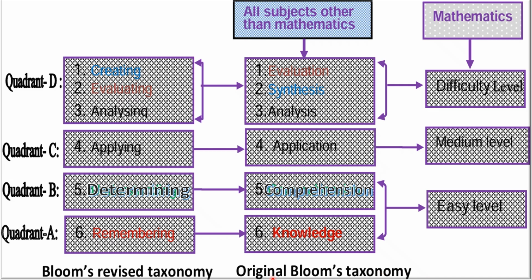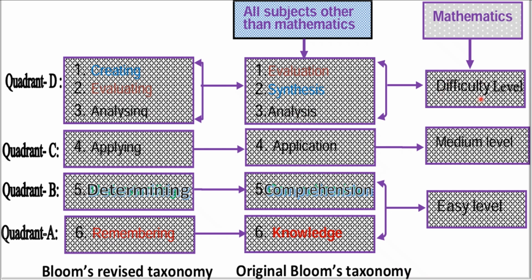In our curriculum, original Bloom's taxonomy is considered for all subjects other than mathematics. 3 difficulty levels, easy, medium and difficulty, are considered only for mathematics. Quadrant D: number 1 creating, number 2 evaluating, number 3 analyzing. Number 1 evaluation, number 2 synthesis, number 3 analysis.